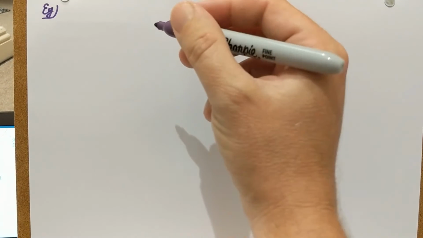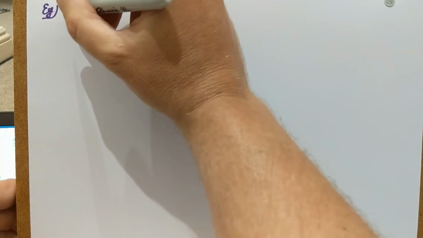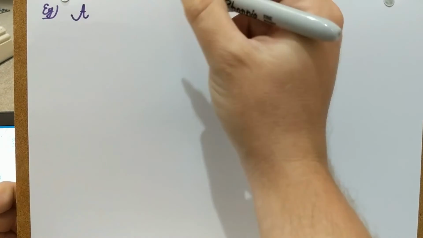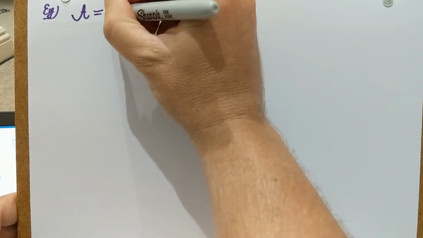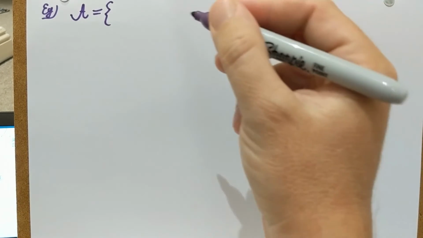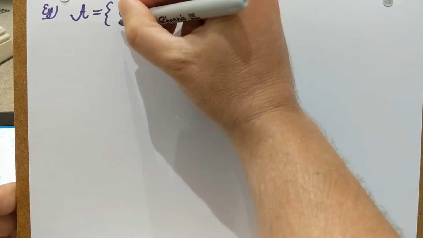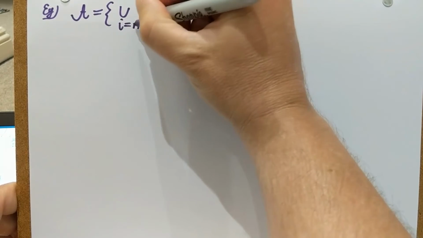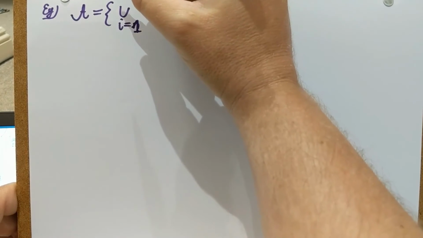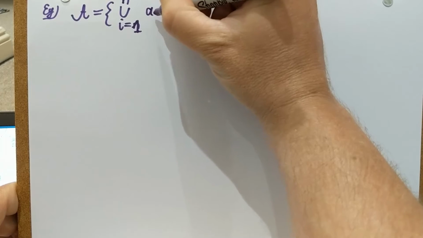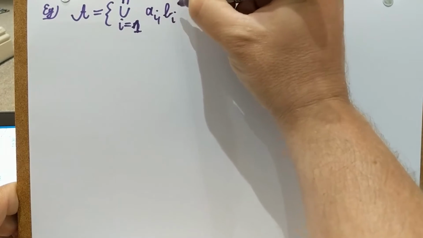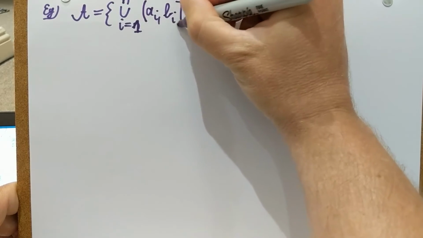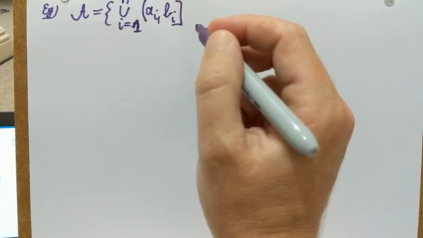It's not just an illustrative example, it's actually something everybody uses. So let me define a family of subsets of the real interval. It's going to be of the following form: union from 1 through n of (ai, bi], where these are intervals. A and B will be real numbers in a second.